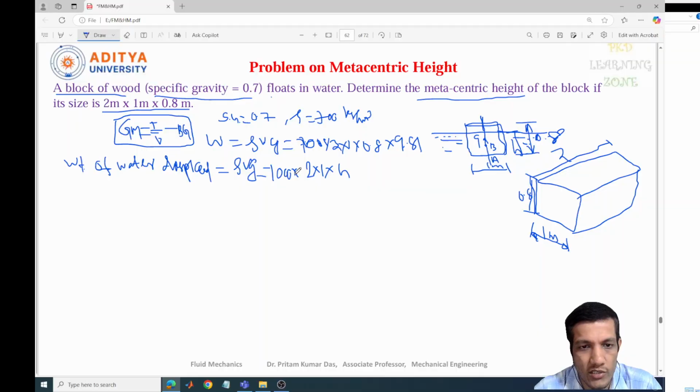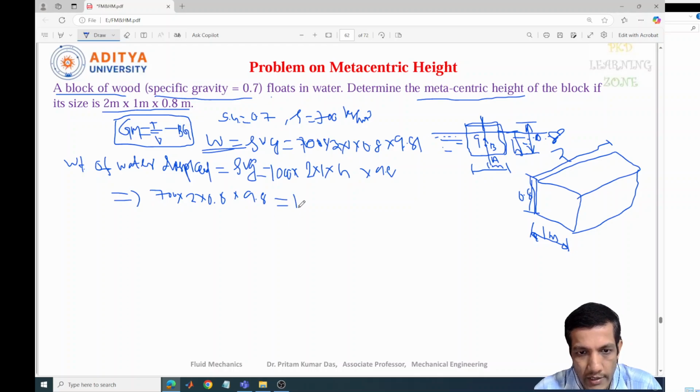For equilibrium, the weight of the wooden piece equals the weight of the water displaced. So we can write 700 into 2 into 0.8 into 9.8, and here also 9.8 will be there.